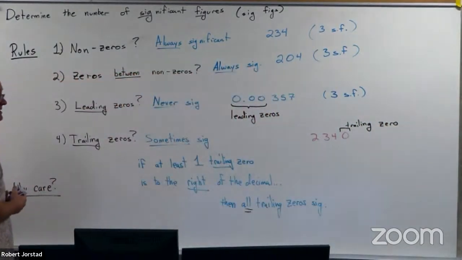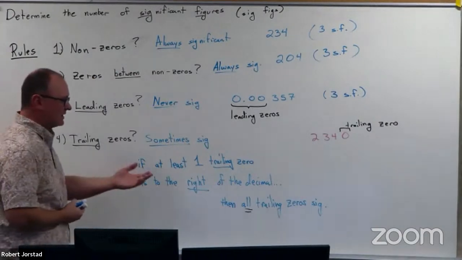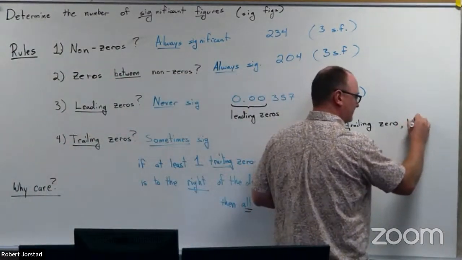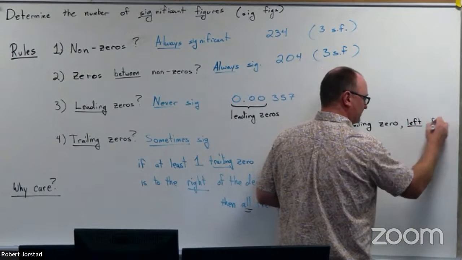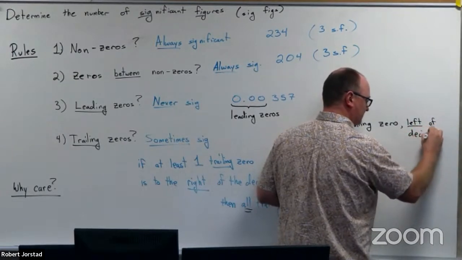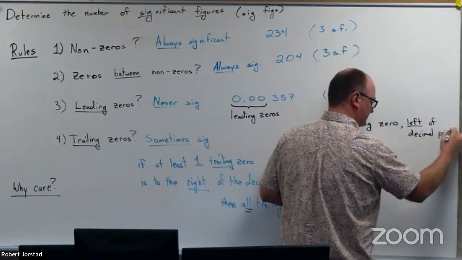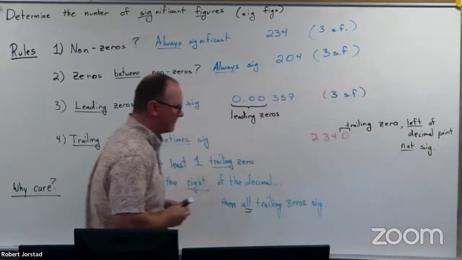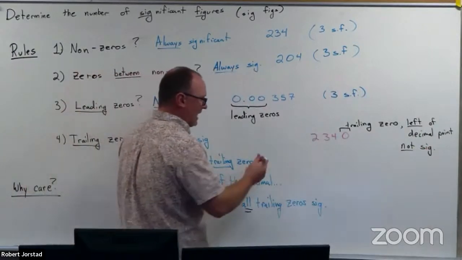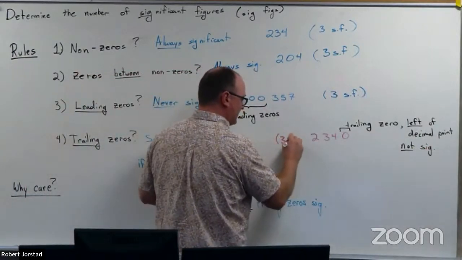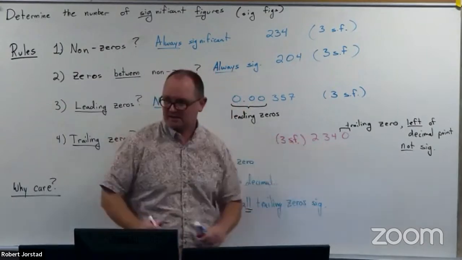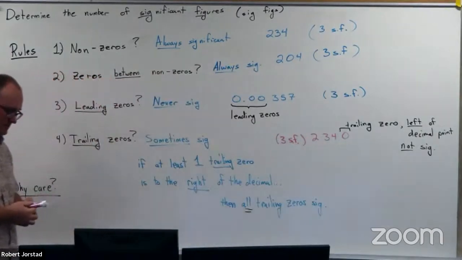In this case, there's only one trailing 0, and it is to the left of the decimal. So it is not significant. So that means this particular number has 3 sig figs. The non-zeros are significant. This trailing zero to the left of the decimal, not significant.